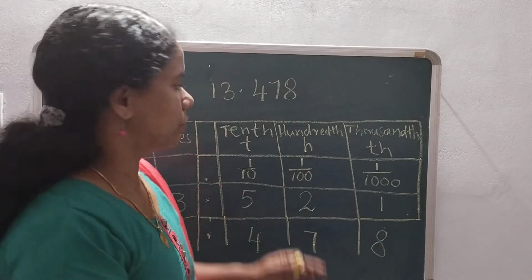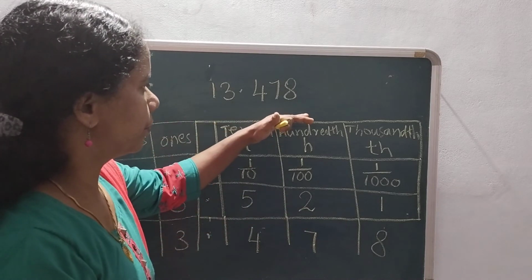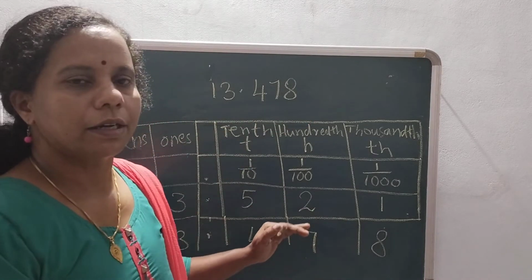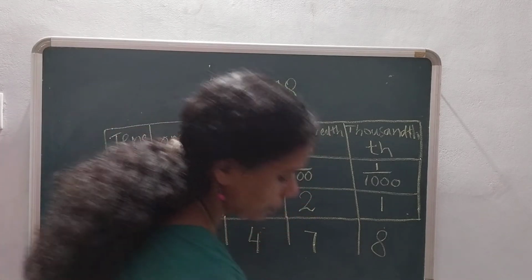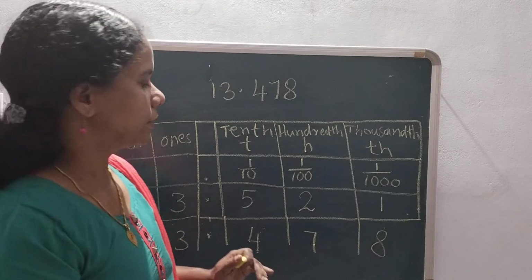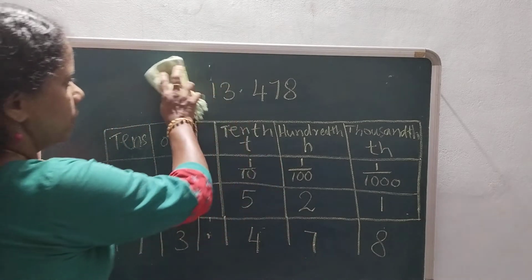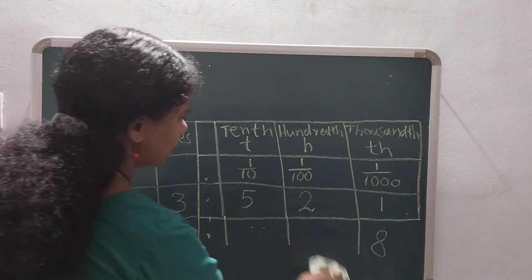Okay, children. So we have represented the whole numbers and decimals in the place value chart, the place value table. Now we have to do the exercise from the textbook. Okay, children, be ready.